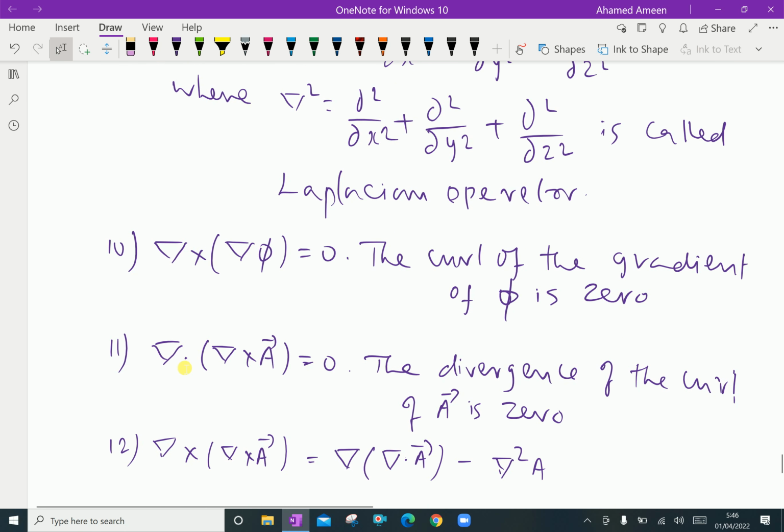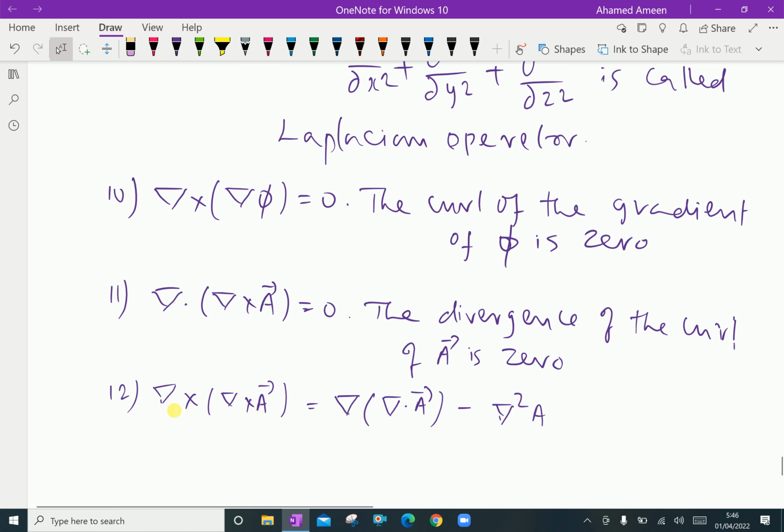Here delta dot delta cross A equals 0. Therefore, the divergence of the curl of A vector is 0. Next one, delta cross delta cross A, all are cross products here, which is equal to delta into delta dot vector A minus delta square A, where delta square is the Laplacian operator.